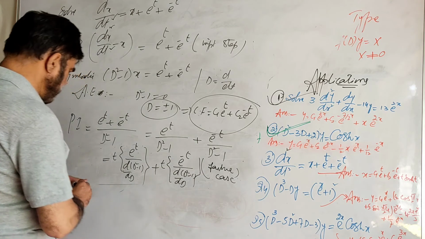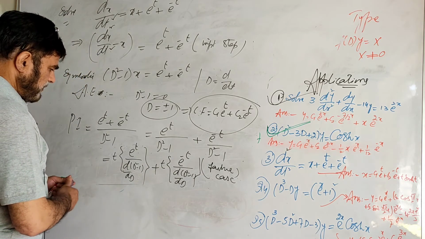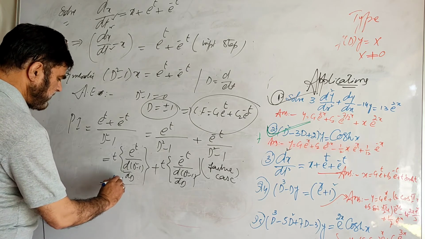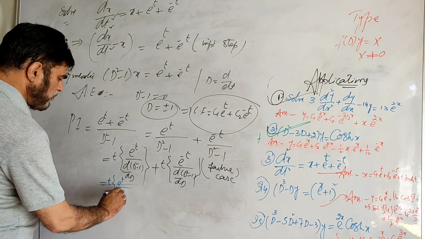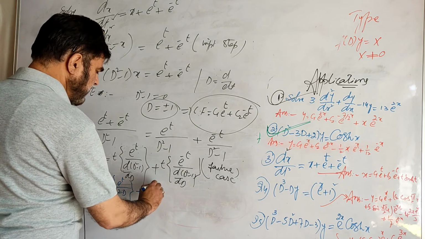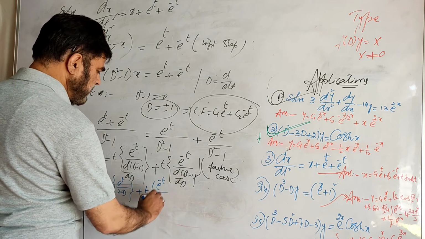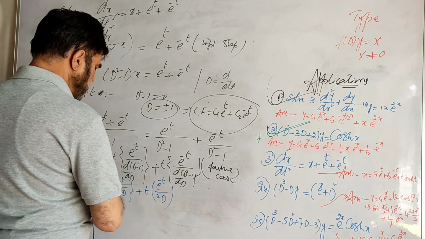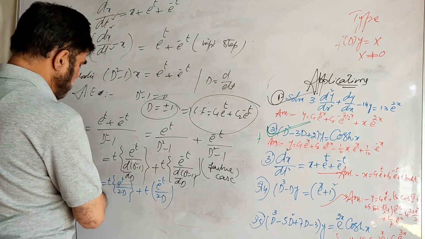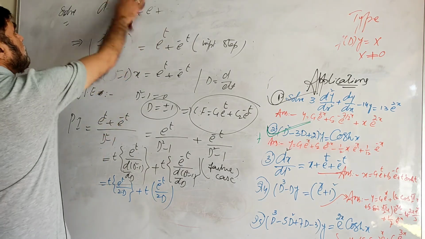You see how you get it now. It is equal to t times e raised power t by the derivative of this, which is 2D, then plus t again, e raised power minus t by the derivative of this, which is 2D. I will write on the top because this setup may not be visible to you, then it will be a problem.